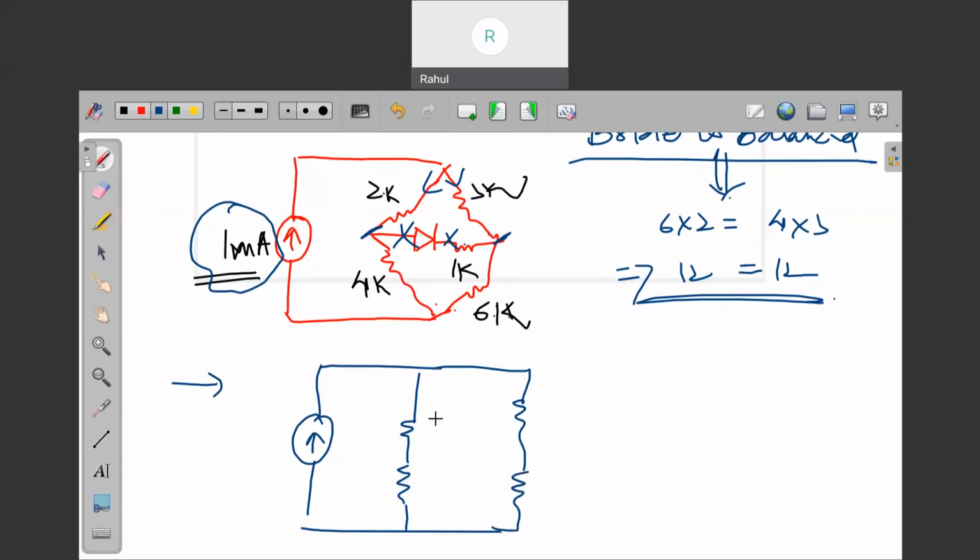These are the resistances. So this is 2K and this is 4K and this is 3K and this is 6K. So current you have to find through this guy.